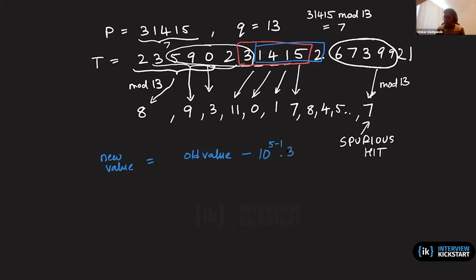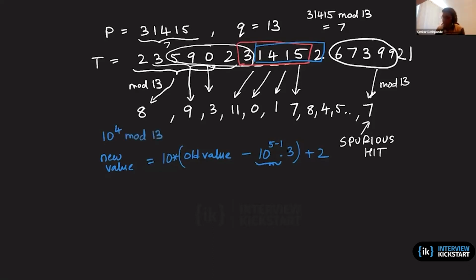Without mod, we would have done this. Then we would have multiplied it with 10, and then we would have added a 2. But with mod, what we will do is compute 10 to the power 4 in advance. So 10 to the power 4 is going to be used in every step. It does not have to be stored as 10 to the power 4.